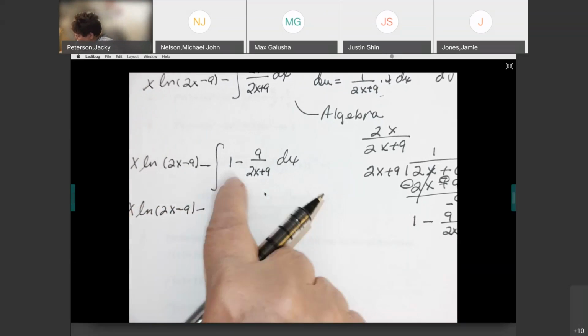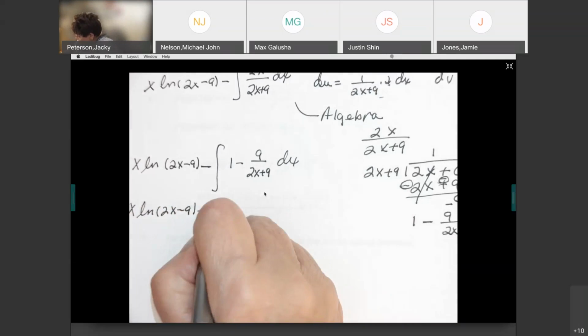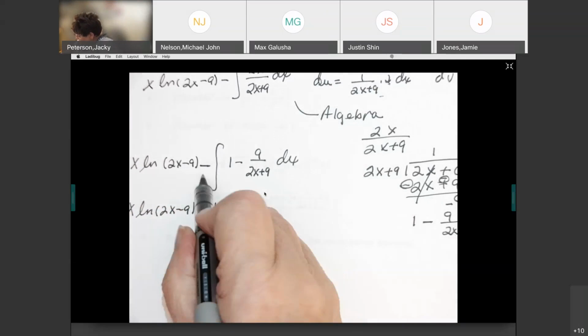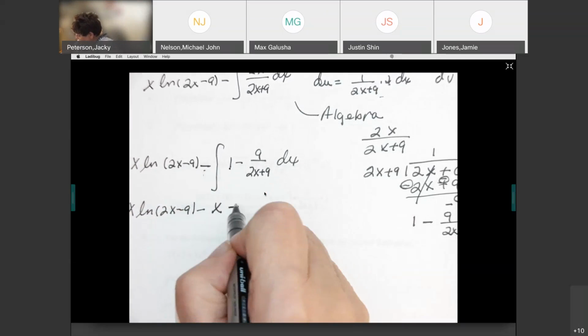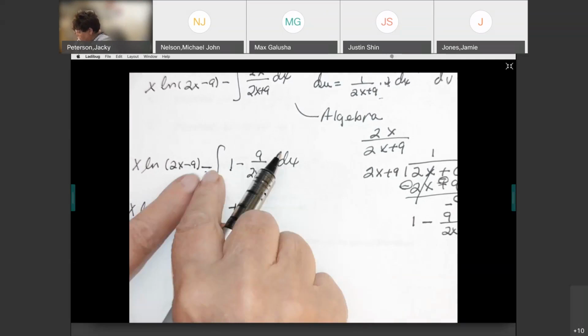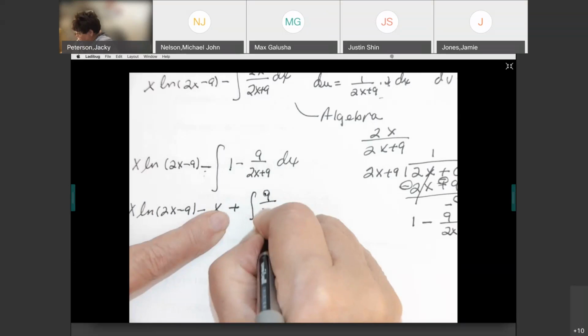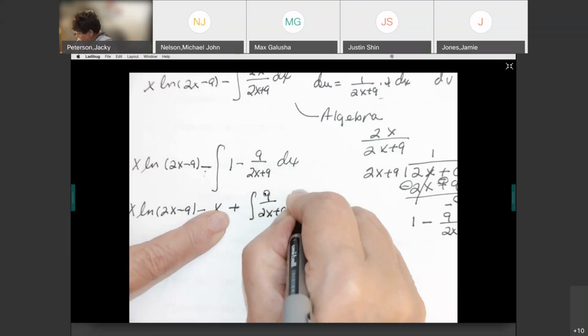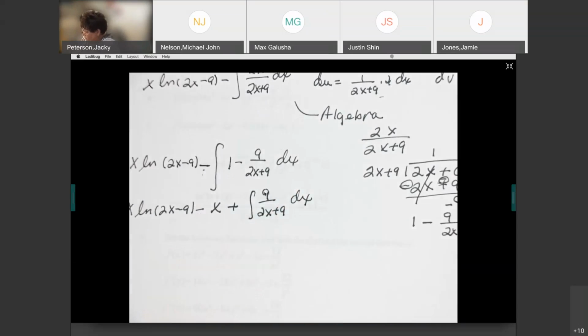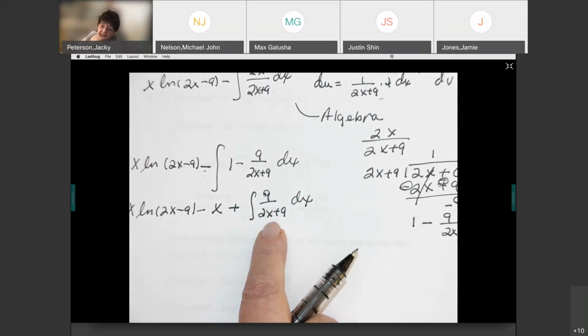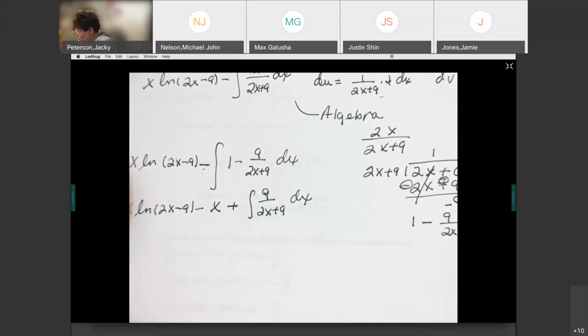The integral of 1 is easy. That's just x. So it's minus, then plus. Minus times a minus is a plus, and it's going to be the integral, this guy. And you could say it's a U sub if you want.